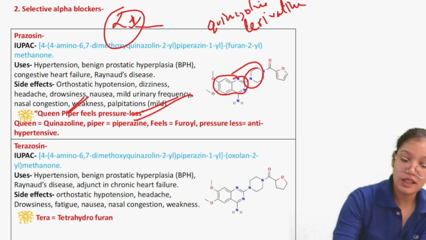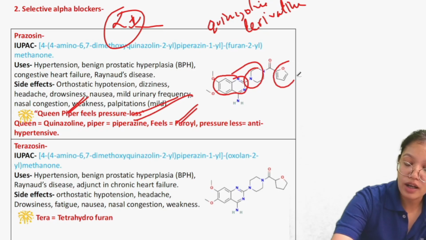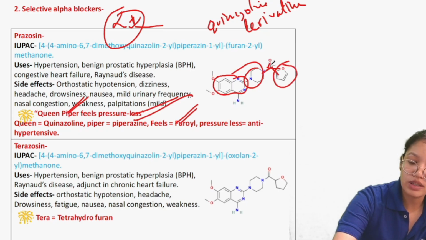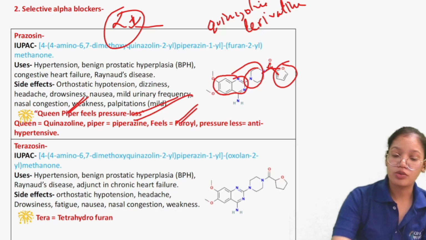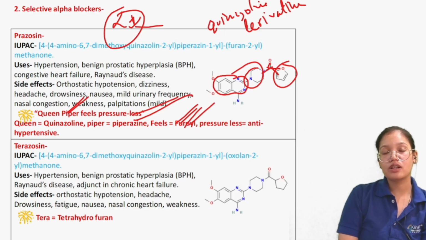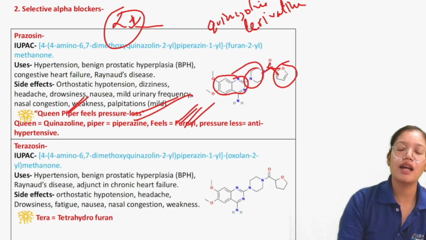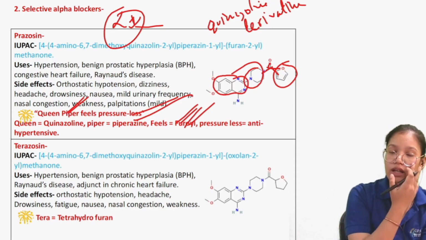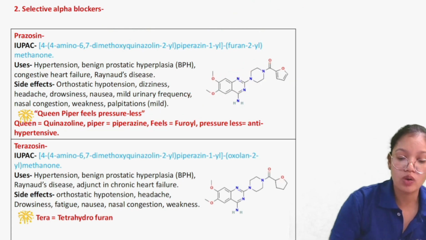From "fields" you can remember furoyl. Furoyl is furan with a C=O attached as a substituent. So the furoyl ring is also there. "Pressure less": when the pressure is less, it is an antihypertensive, so it is acting as an antihypertensive agent also. So that is prazosin. The structure is also clear.